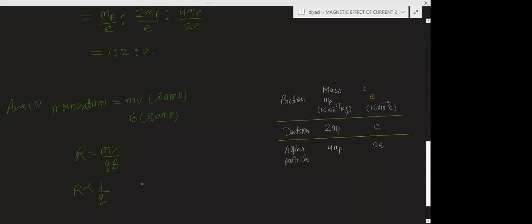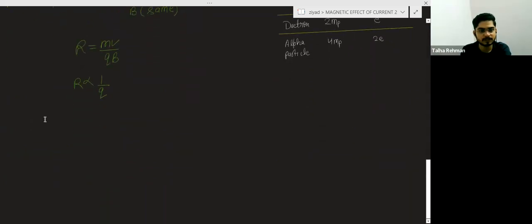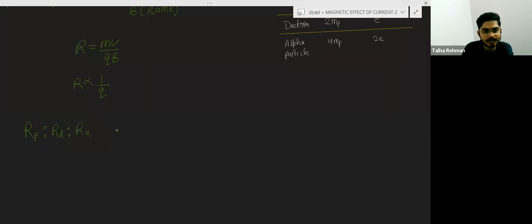So now find the ratio of proton, deuteron and alpha particle. This is only depending upon charge. So I can write radius of proton as 1 upon charge on proton, ratio, 1 upon charge on deuteron, 1 upon charge on alpha particle.